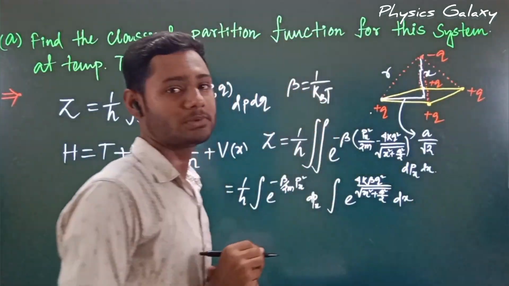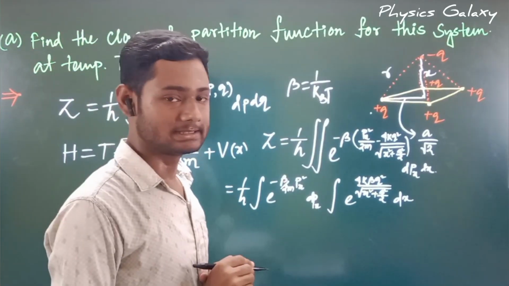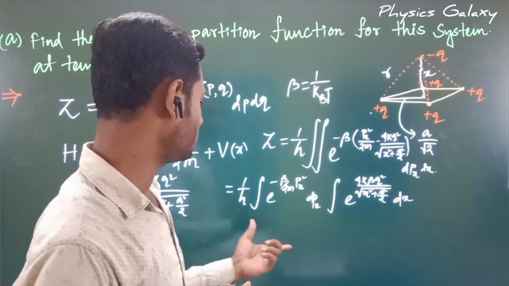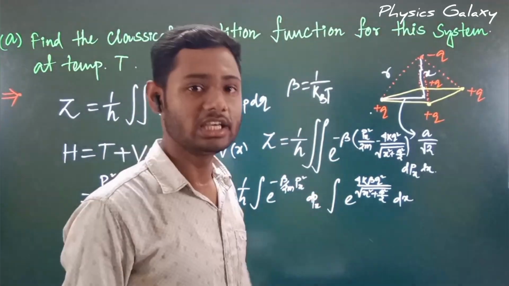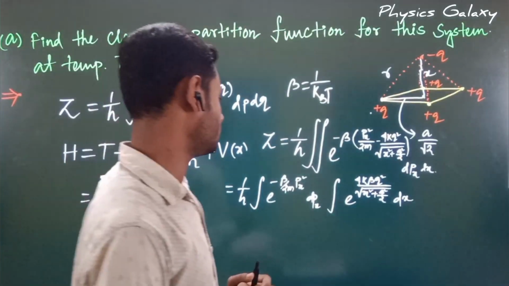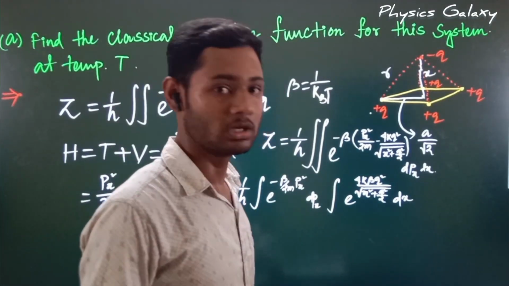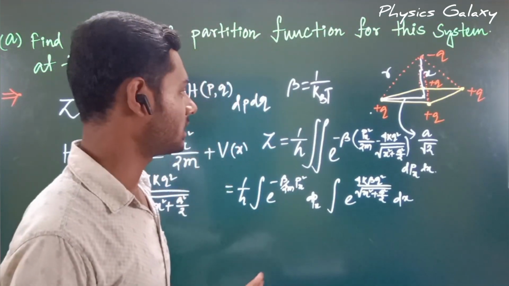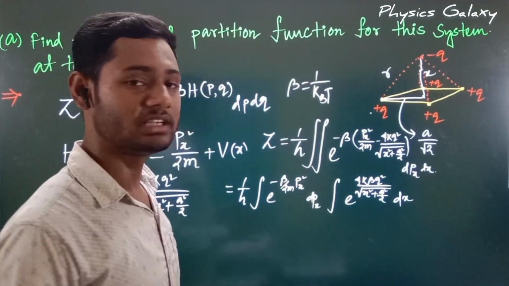Now one of the professors told me that if you solve this integral, you can get the answer, so you don't have to calculate this integral. Now they skip to the next question.